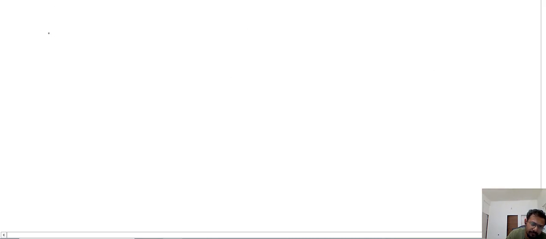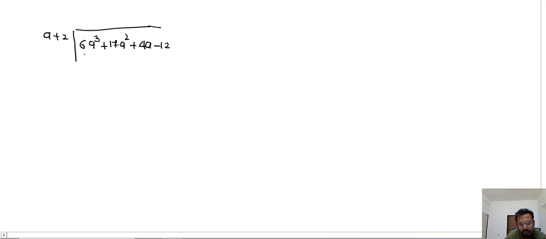So compare the first coefficient: divide 6a cube by a, so we get 6a square. Put 6a square here. Now multiply 6a square with a as well as 2, so you get 6a cube plus 12a square. Change the sign, so you get 5a square. 4a comes down, minus 12 also comes down.